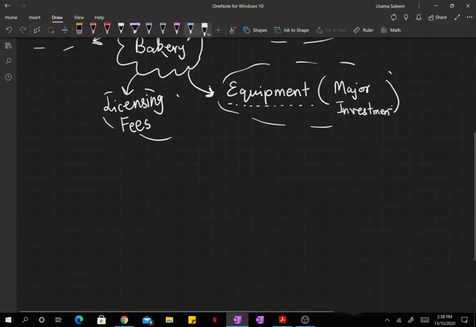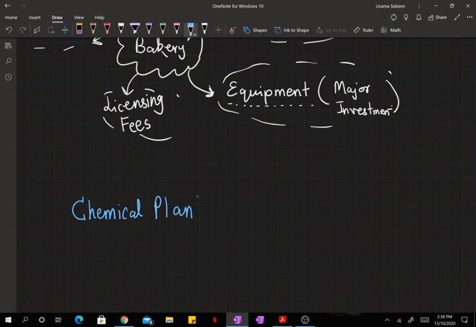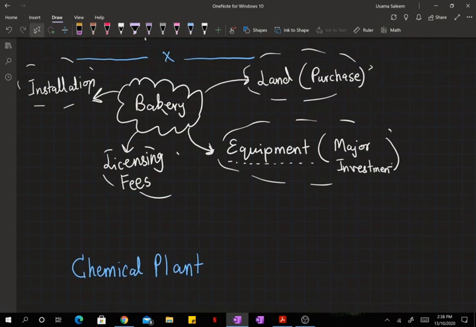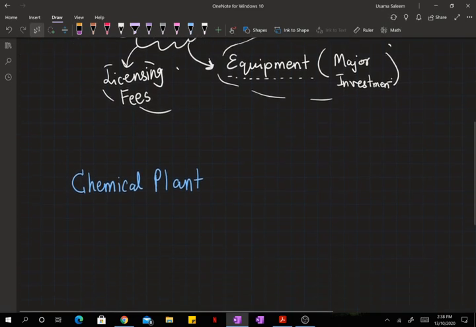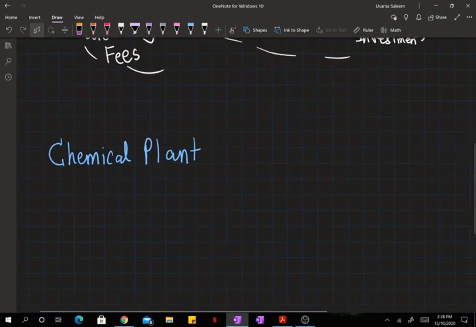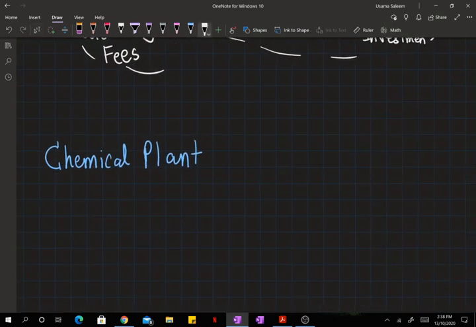Now, let's dive into something a bit more relevant to our field of study. For a chemical plant, what do we need? So, yeah, this is pretty much like a bakery. A chemical plant is a glorified bakery if you think of it, if you so fancy. But yeah, you're gonna need some land, obviously.